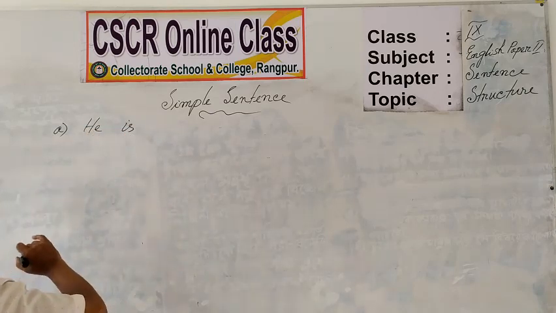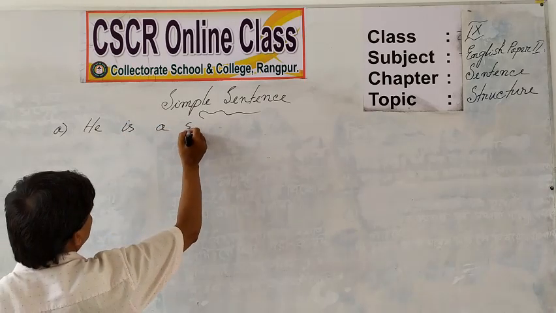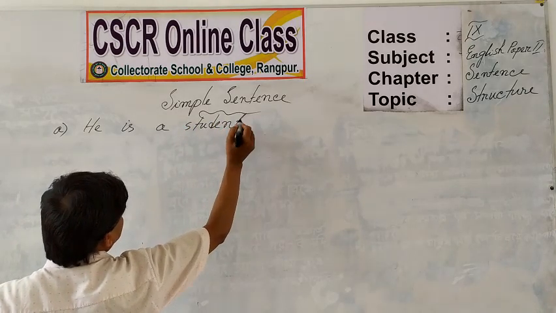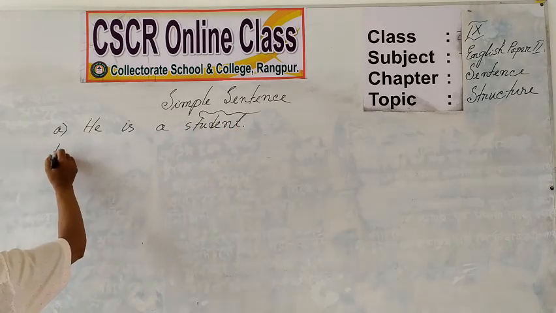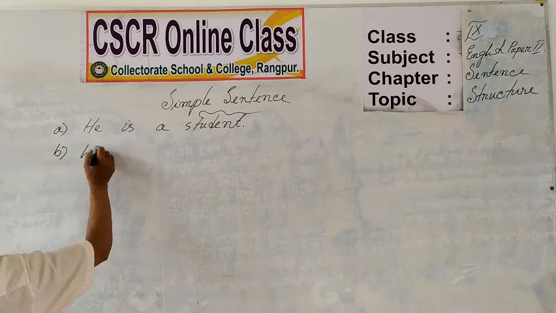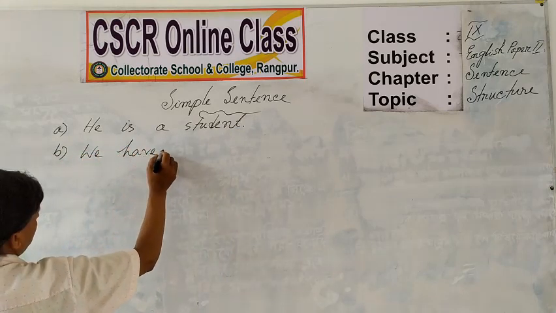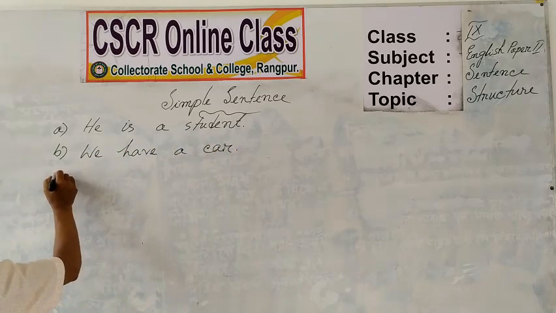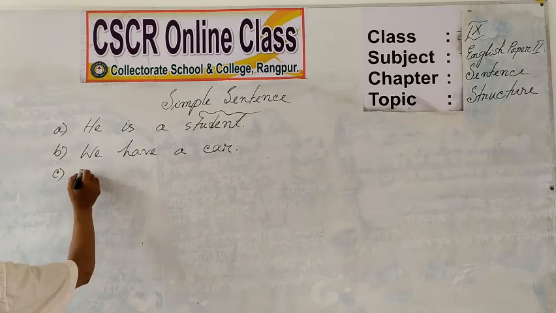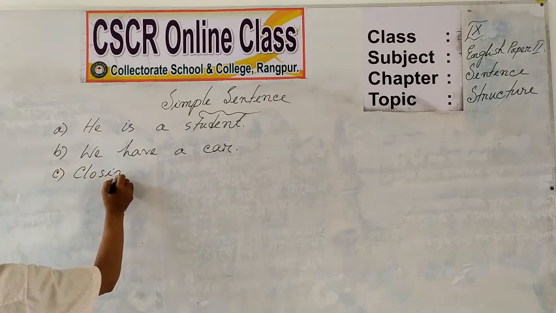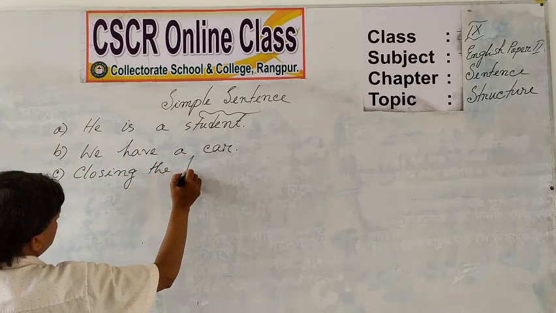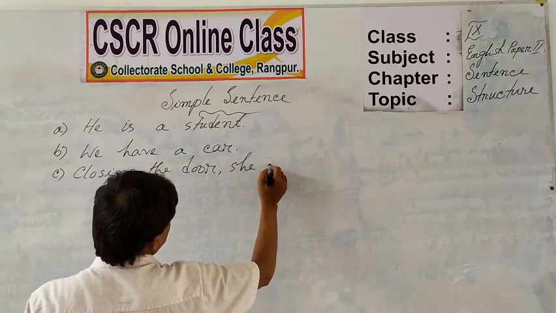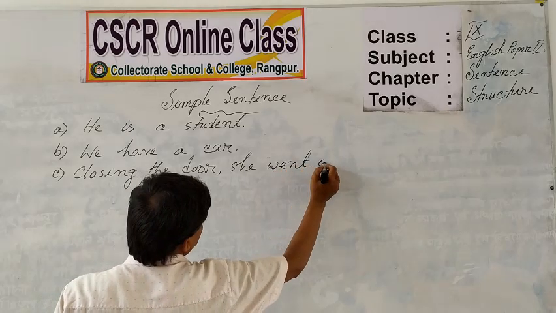Dear students, first example, he is a student. Second example, we have a car. Third example, closing the door, she went out.